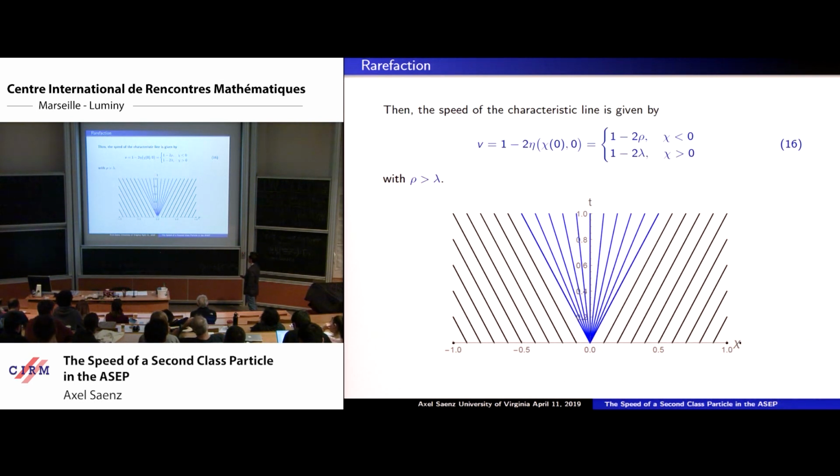And here in the middle at 0, you actually have a family. You don't have a unique characteristic line, you actually have a bunch, and this is what's called a rarefaction fan. There are different ways to do the characteristic lines, and this is what's called the entropy solution.